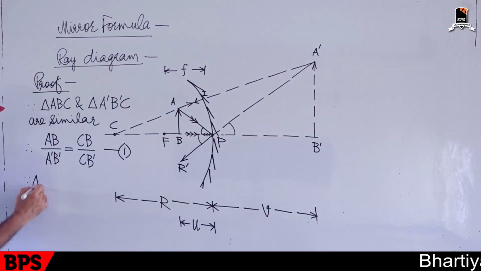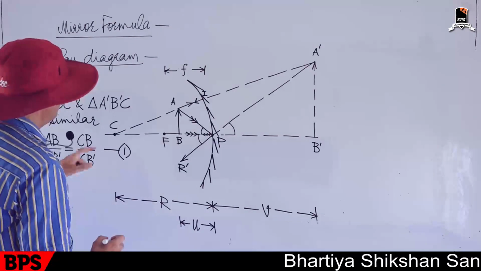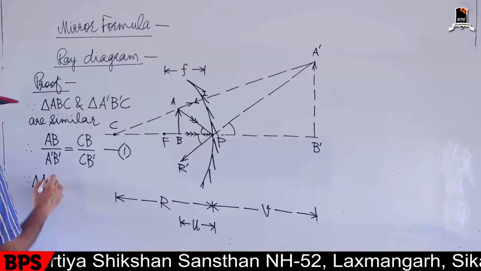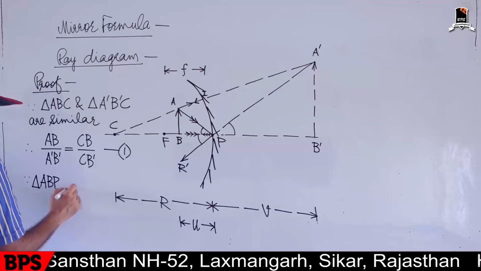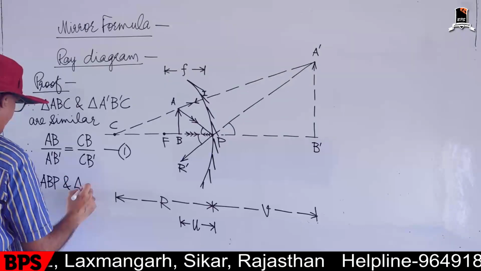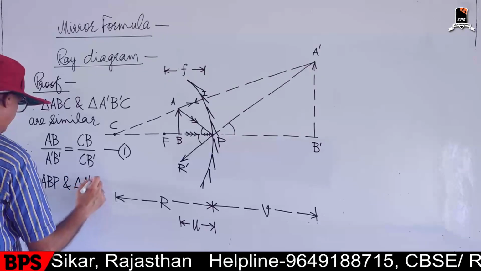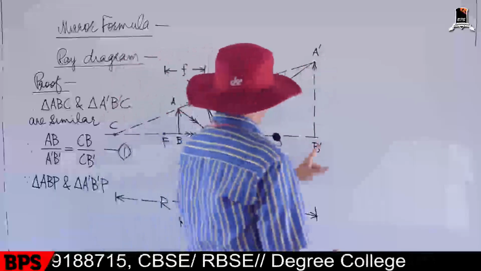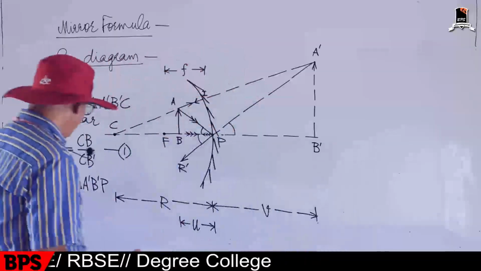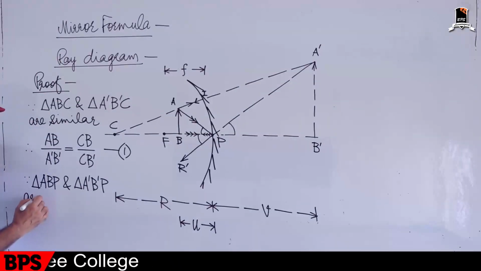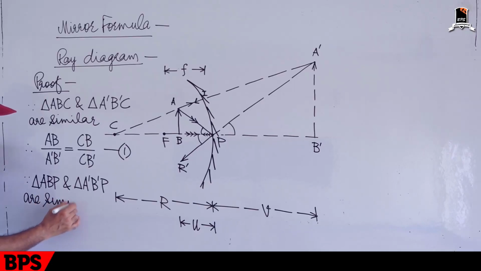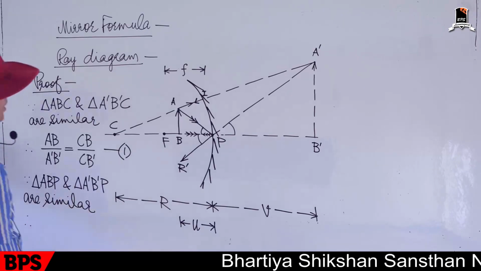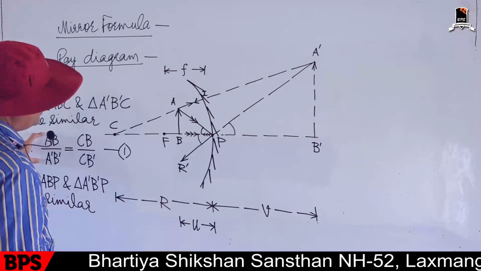And since triangle ABP and triangle A dash B dash P are similar, therefore take the same ratio on the left hand side.